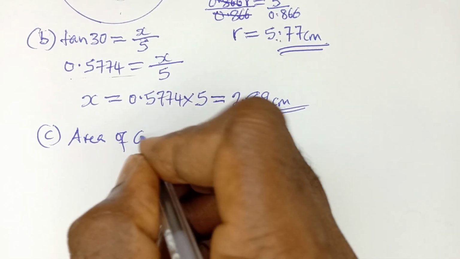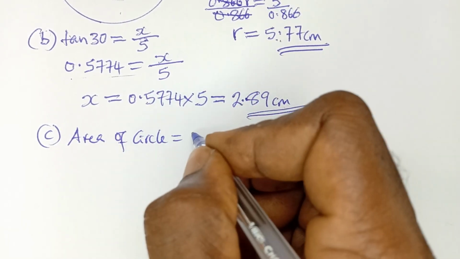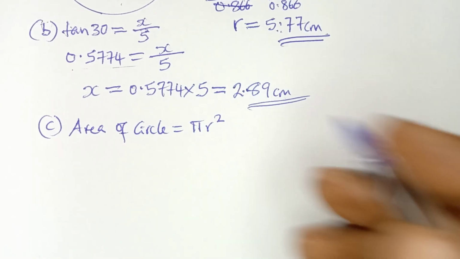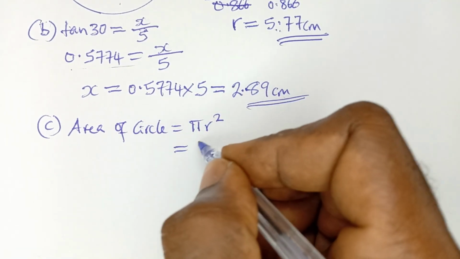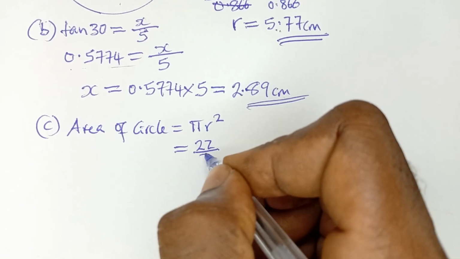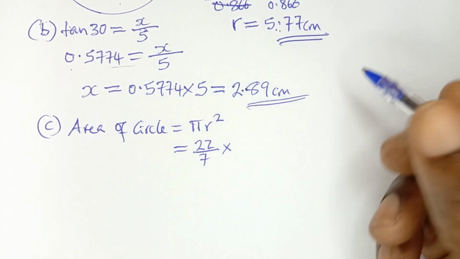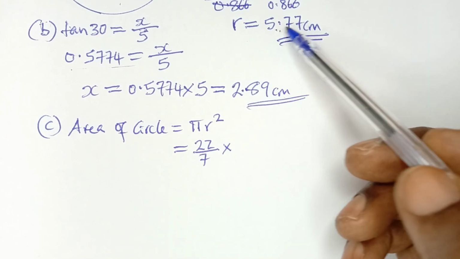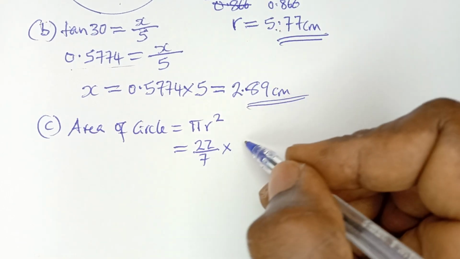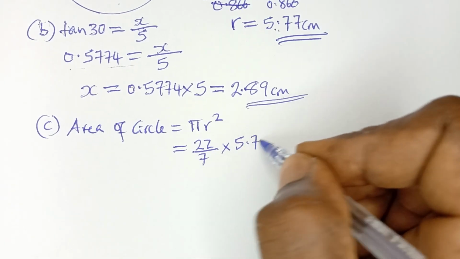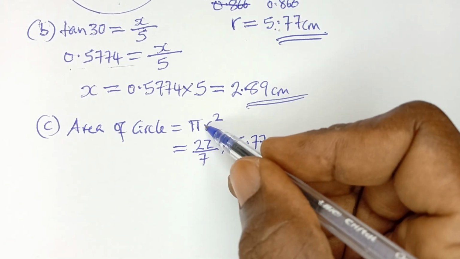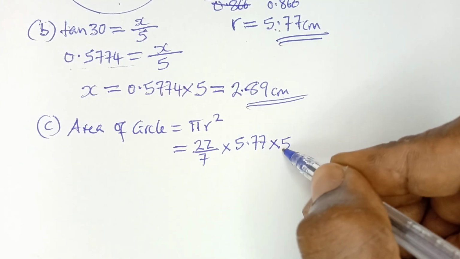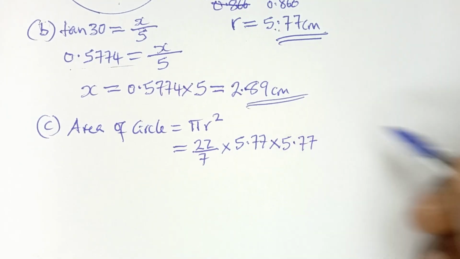Area of circle is equal to pi r squared. That's the formula for the area of a circle. And that will be equal to, the pi is 22/7 multiplied by the radius. This is the radius. You can still see it here. R is equal to 5.77 centimeters. Then the formula says radius squared. So we have to square the radius, so that will multiply itself, 5.77.